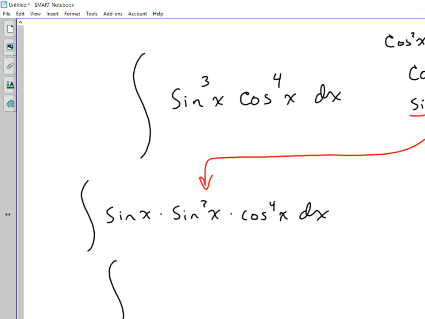So now I've got sine of x, 1 minus cosine squared of x, cosine to the fourth of x, dx. And you could be saying to yourself, Ronco, it made it worse. But in reality, it's not.